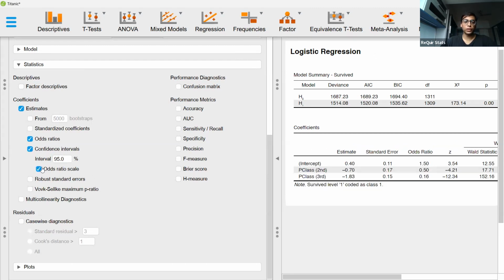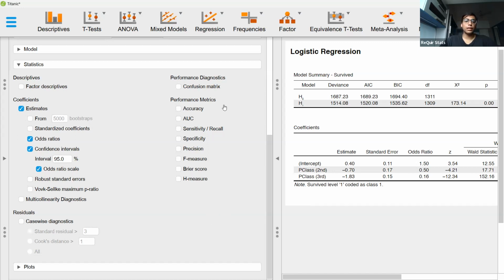This is very important because the estimate is the log odds. So this is the logarithm, and odds ratios are nothing but the exponent of these log odds. So it is important to select this checkbox for the odds ratio scale, because the confidence intervals otherwise would be in the log scale. We don't want them in the log scale. We want them in the exponent scale, the odds ratio scale.